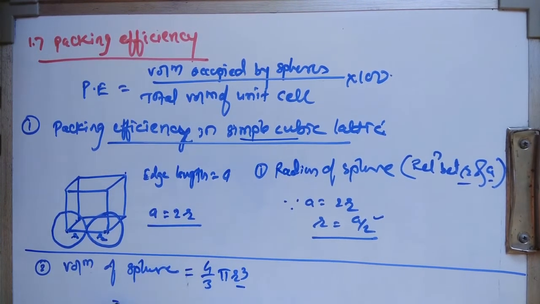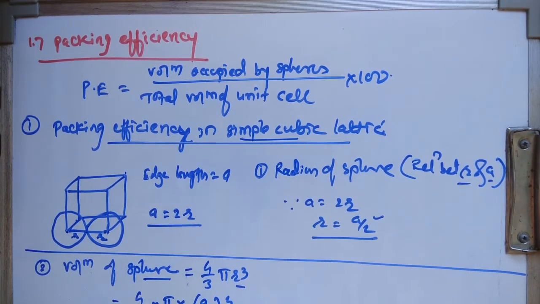The equation becomes 4 by 3 pi into a by 2 the whole cube. Let us solve this: 4 by 3 into pi into a cube divided by 8. 4 twos are 8. So finally we can write pi into a cube divided by 6. This is the volume of one sphere.